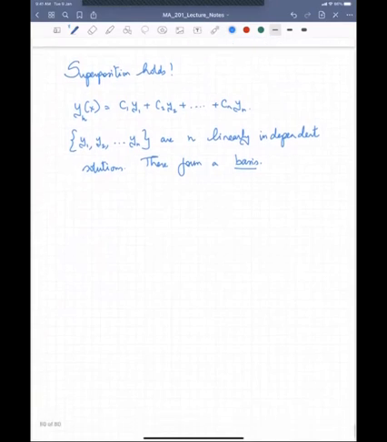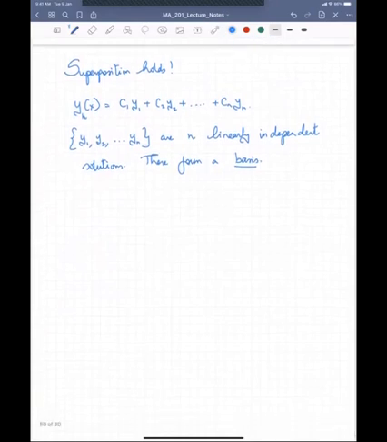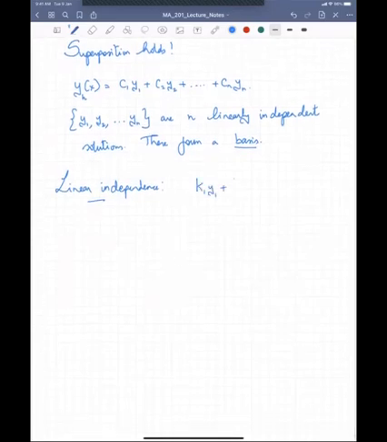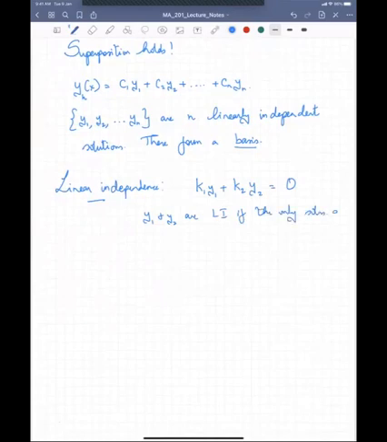So what do I mean by linearly independent solutions if I have more than two solutions? Remember that when we started with the notion of linear independence, in the case of second order, we said that if I write an equation of the form k1y1 plus k2y2 equal to 0, then y1 and y2 are linearly independent if the only solutions of this equation are k1 equals k2 equals 0.